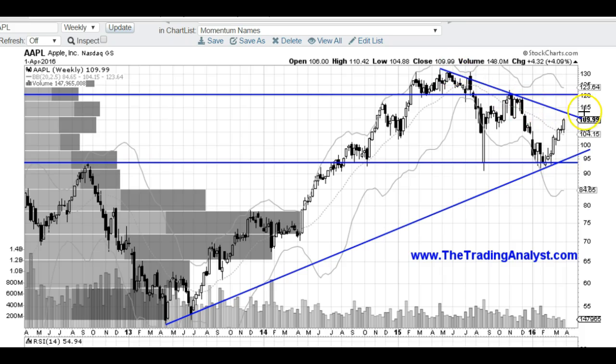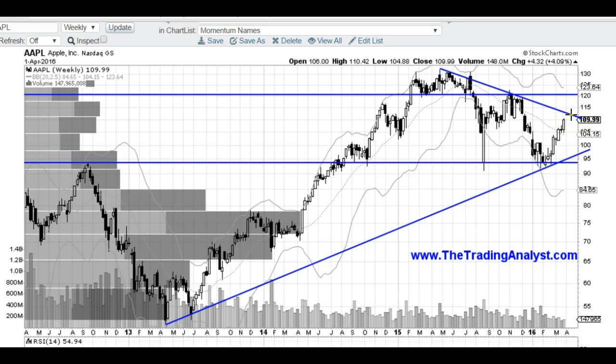Remember, it's declining, so if you're watching this video two weeks from now, the downtrend line will be closer down to like 109 or something like that. Okay, so just be aware of this downtrend line because it is something that you do not want to ignore. It's a very clean downtrend line, lots of touches. Okay, no predictions here.